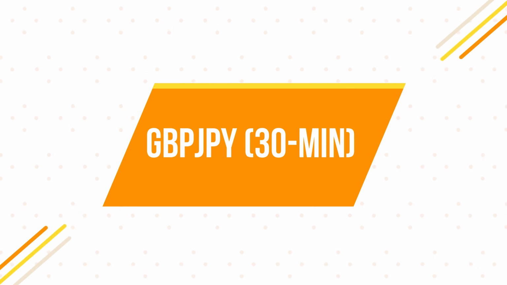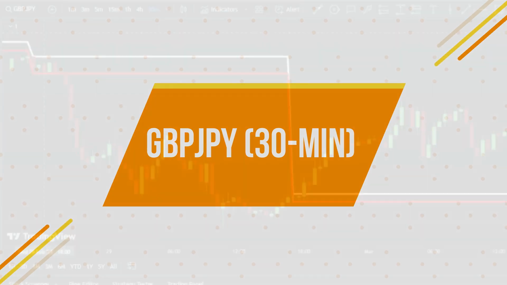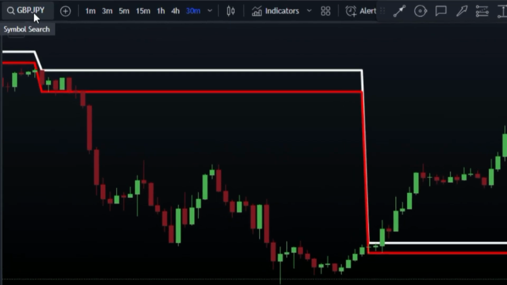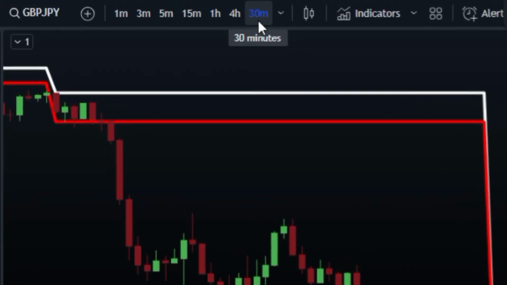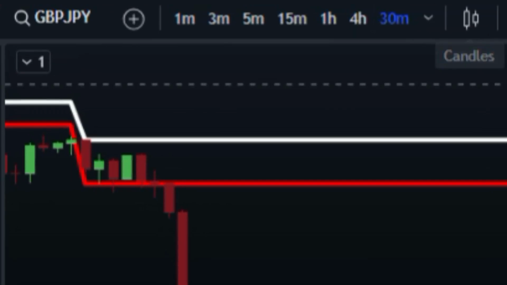Additionally, I'll examine some trades on the GBP/JPY chart with a 13-minute time frame. This hands-on approach will provide clarity and demonstrate the potential of this strategy in action.